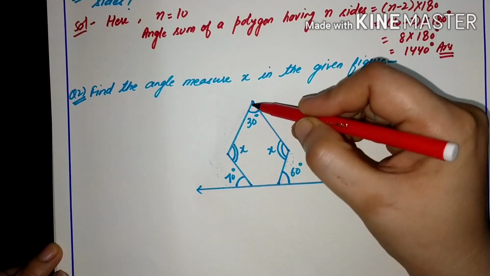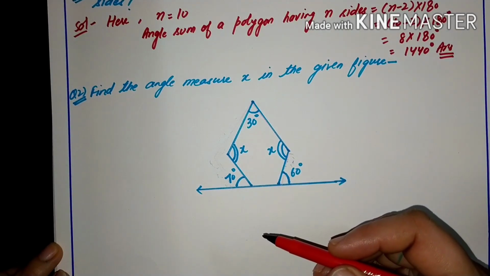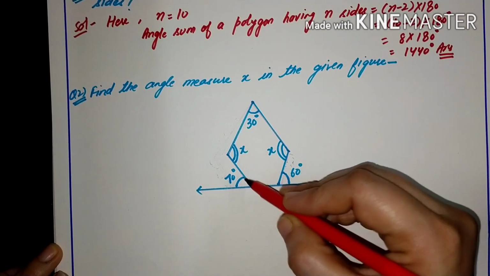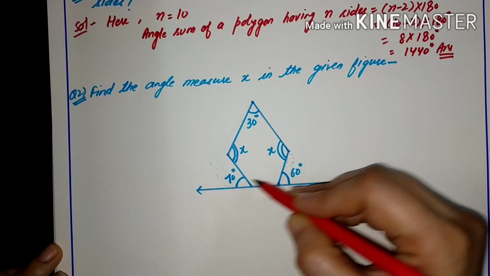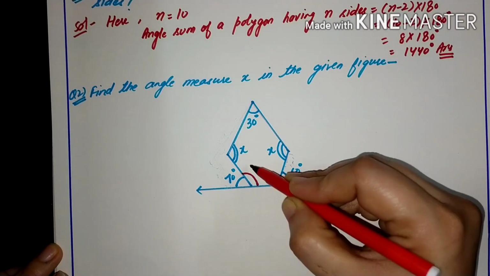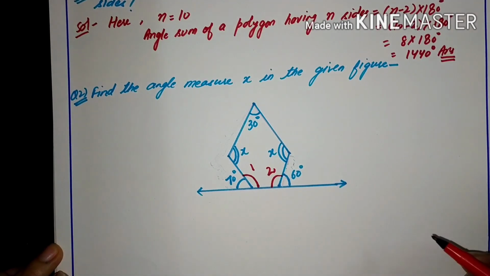This figure is a pentagon. So we have to apply the angle sum property of a pentagon, but before that we need to find the two other interior angles here. So let one be angle 1 and the other be angle 2. Firstly we need to find angle 1 and angle 2.